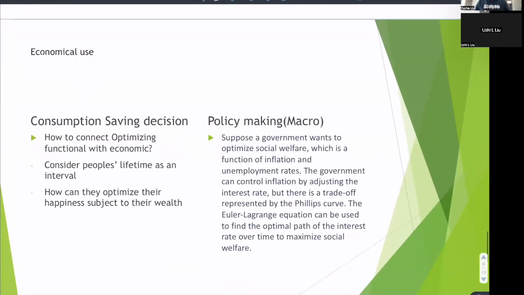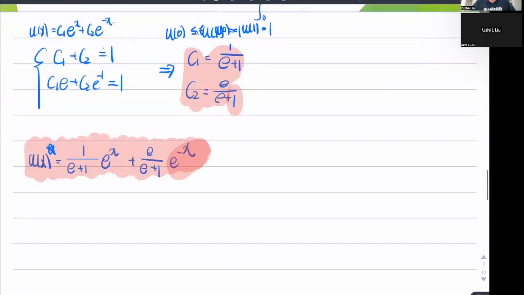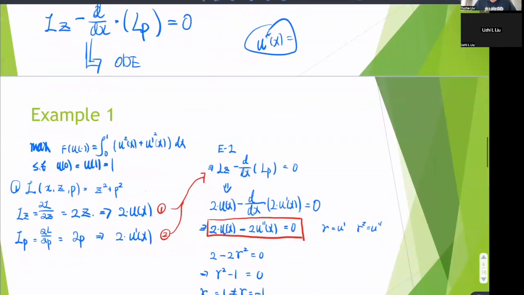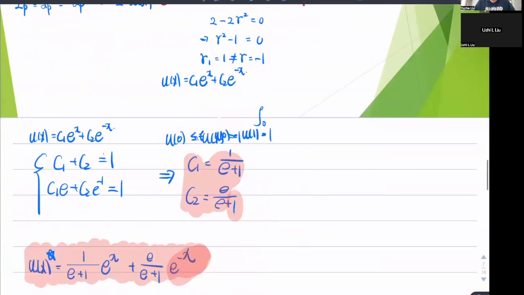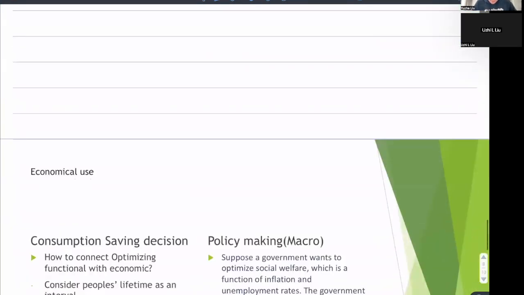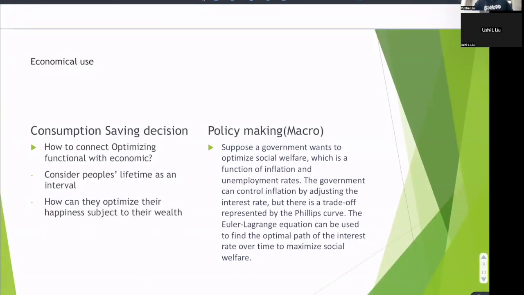So previously we talked about how to solve optimizing problems by using Euler-Lagrange equations, and we've seen a specific example of how to find extreme values, extreme functions subject to its functionals. And now you might wonder, am I ever going to use this in my life?